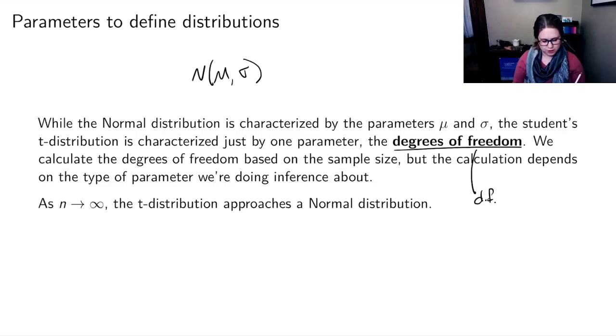In this case, we're going to be doing inference about a mean, and so the degrees of freedom are going to be n minus 1, but there are other degrees of freedom that we'll use when we have other parameters. And as n approaches infinity, as the sample size gets bigger, the t-distribution is going to look more and more like a normal distribution until it basically is a normal distribution.